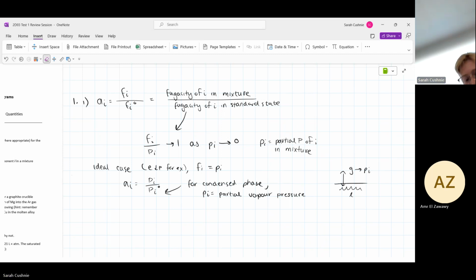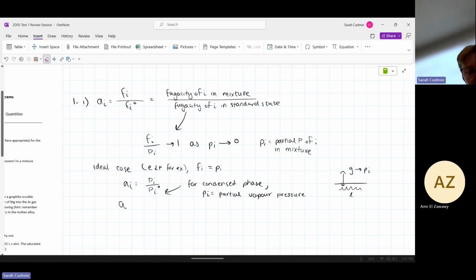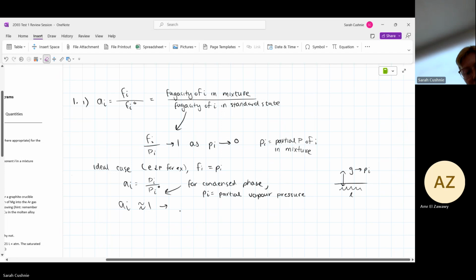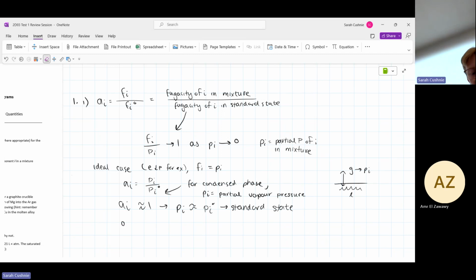To rephrase that in a less wordy way: if activity is close to 1, that means, let's say we're dealing with ideal, the pressure is roughly equal to the pressure in the standard state, so we're pretty close to standard state. If the activity is not close to 1, that means the pressure is not close to the pressure at the standard state, so we're not at standard state. And that's how you interpret these activity values.